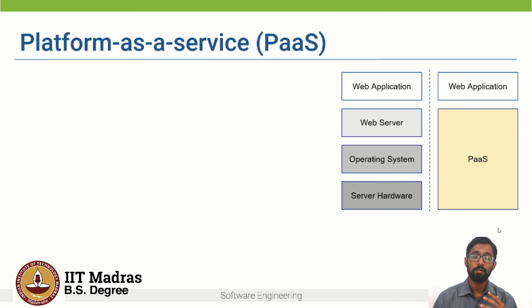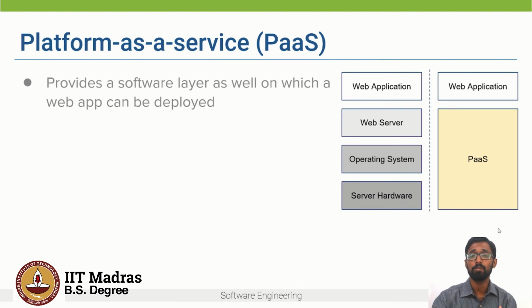Now, another hosting option is the platform as a service provider. So what does the PaaS do? In addition to the infrastructure, it provides the software layer as well, on which the web application can be deployed. The PaaS automatically sets up the web server and database also for you.